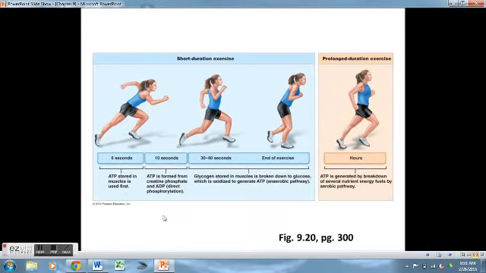So here's what this looks like, right? We're going to go from stored ATP first to the creatine phosphate pathway next to anaerobic cellular respiration for a very short duration exercise, right? It would probably take me this long to run the 100-meter dash, to be honest, right? A very short burst of energy, right, that's less than about 45 seconds.